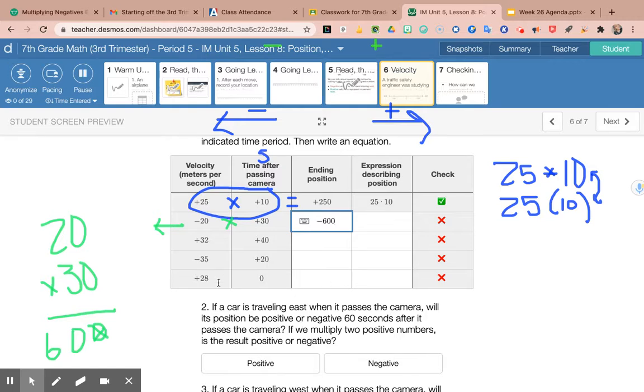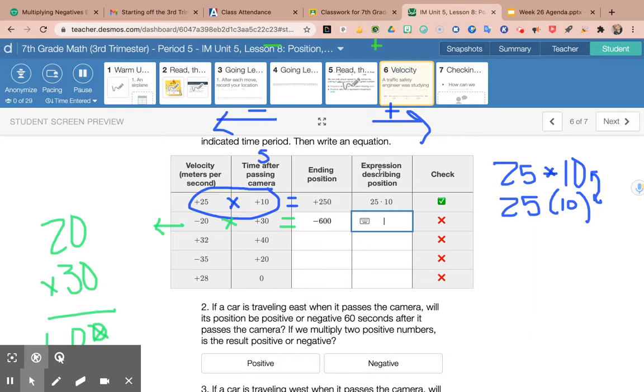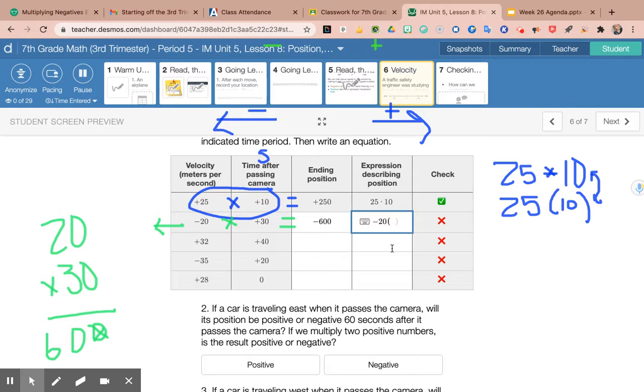If the car is going west, it doesn't do anything crazy. It doesn't flip a U-turn or anything. So if it's traveling left, it's going to end going left. And the negative means left. And then notice my expression is going to be negative 20 times 30. I can use shift 8, or I can use parentheses. This is positive 30, so I can put a plus there if I want, but we usually just don't put a sign on positive numbers.